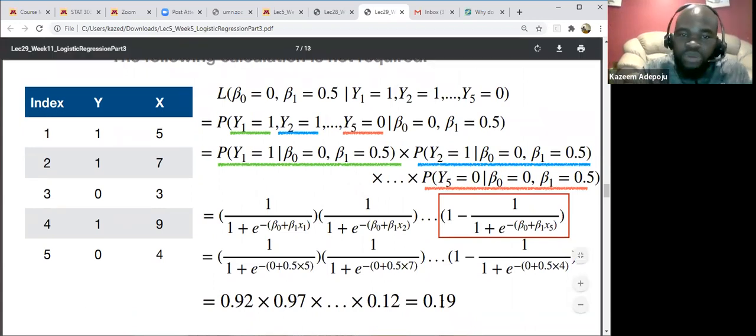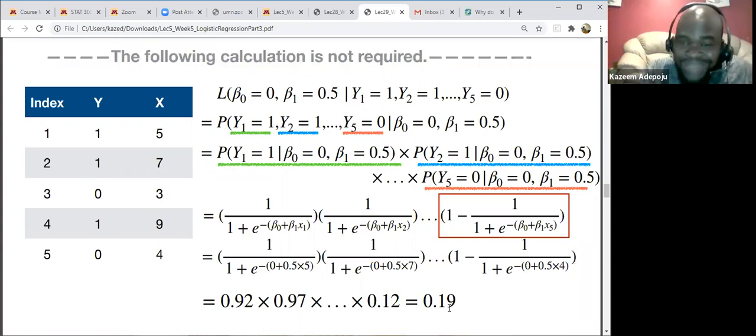We said the other time that the likelihood can be expressed as this, so it is the way we can trust that particular model. The likelihood that we obtain from quantifying that particular model is 0.19.